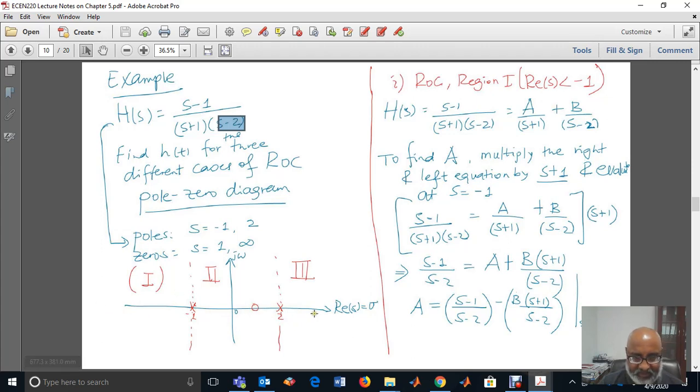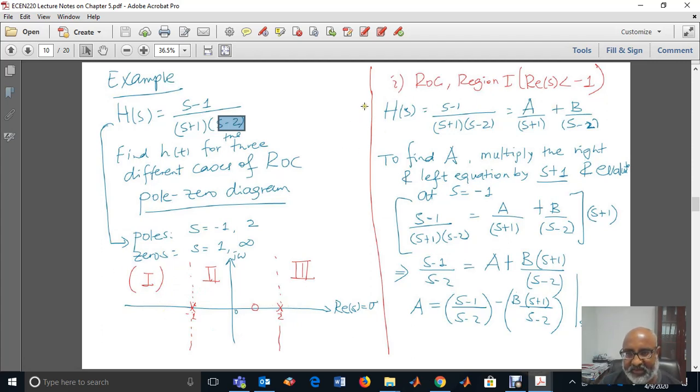The x-axis is real of s, which is equal to sigma, and the y-axis is the j omega axis. So how many possible regions of convergence do we have? 3. We have region of convergence less than minus 1, region of convergence between negative 1 and 2, and region of convergence greater than 2. So let's find the three possible values of h of t for these three different cases.